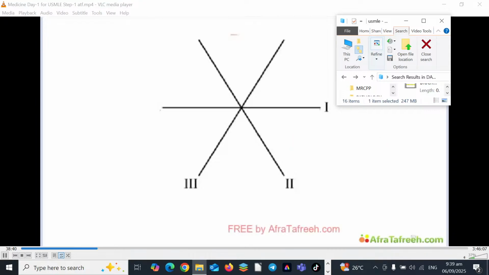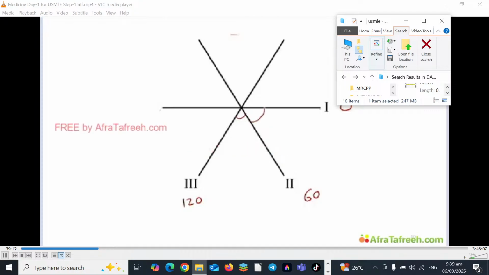That is, lead 1, lead 2 and lead 3 will always have a 60 degree angle to each other. So if my lead 1 is 0 degrees, my lead 2 should be 60 degrees. And my lead 3 would be how much to lead 2? It would be 120, that is 60 plus 60. Okay. So this is basically this angle and this angle.